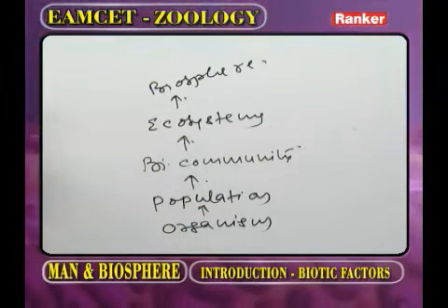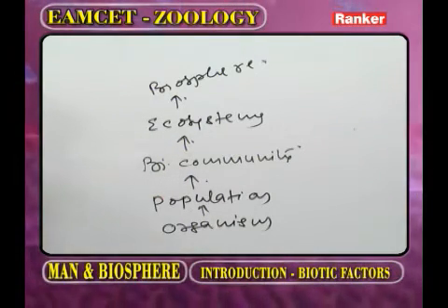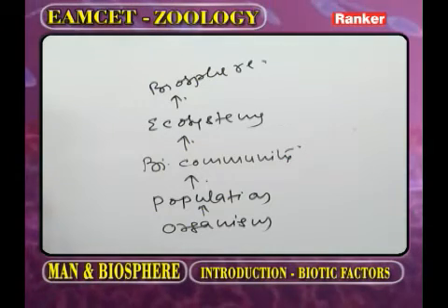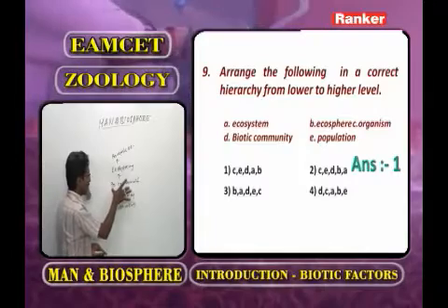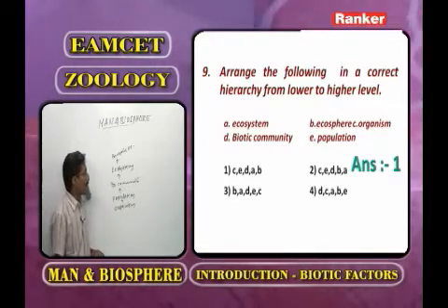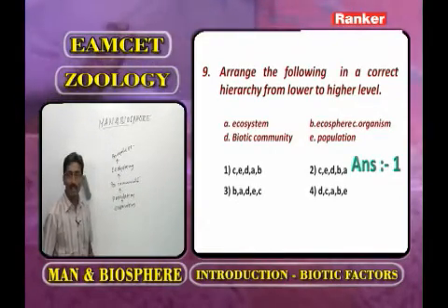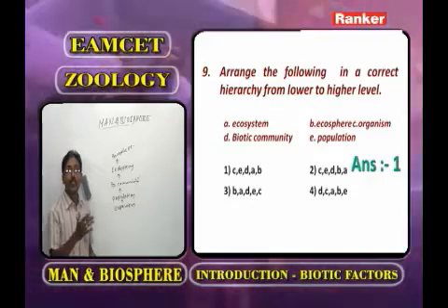An assemblage of populations is a community, a biological community. What is one example of a biotic community? Woodland community. An assemblage of communities is one ecosystem. An assemblage of ecosystems, we call biosphere. What is the other name of biosphere? That is ecosphere.